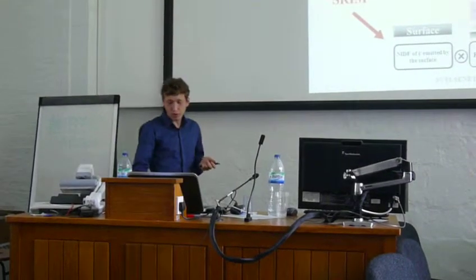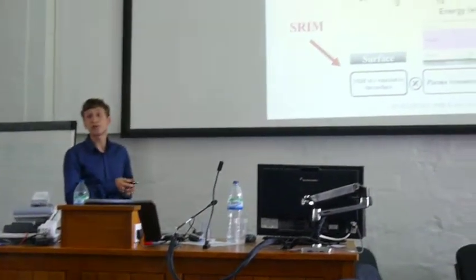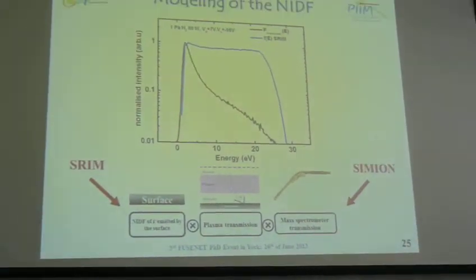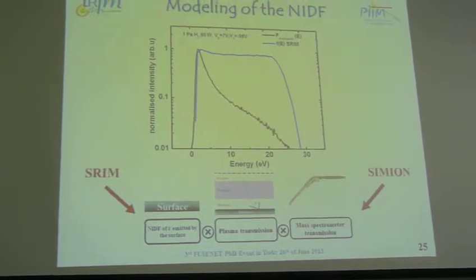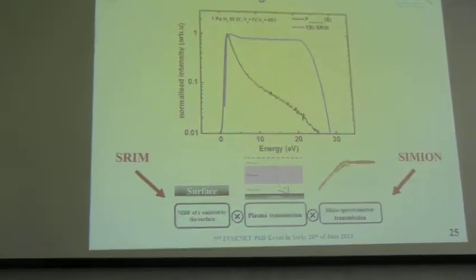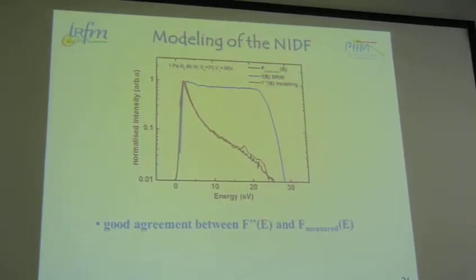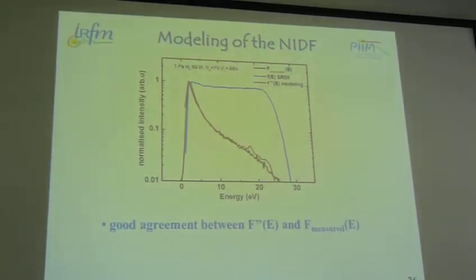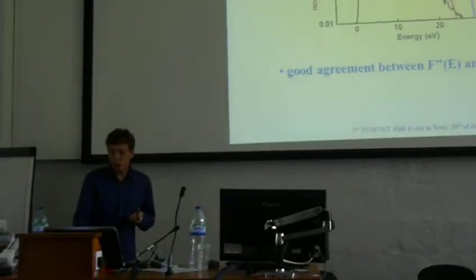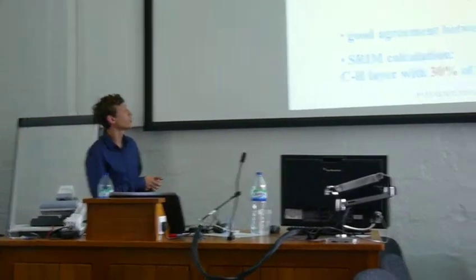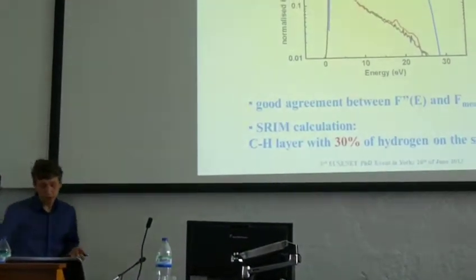And then we create a mass spectrometer model with SIMION, and we looked at the transport of ions inside the mass spectrometer. So in the end, by counting all this, we achieved a good agreement between the model function and the measured negative ion distribution function. Note that for these calculations in SRIM, we have taken 30% of hydrogen on the surface.